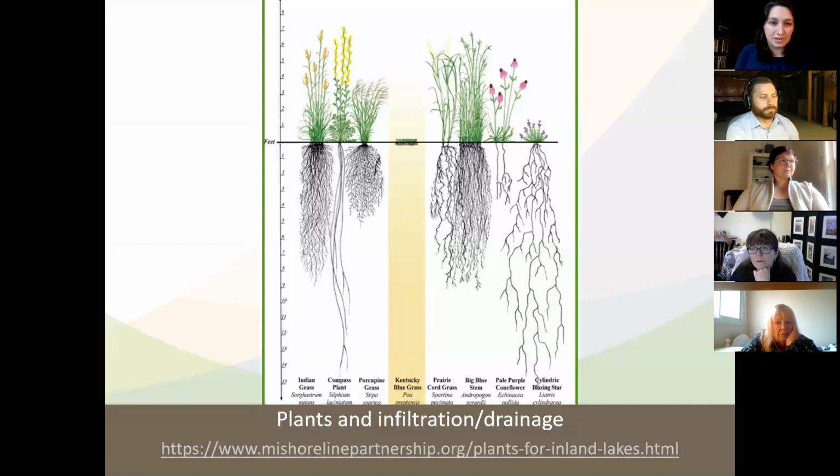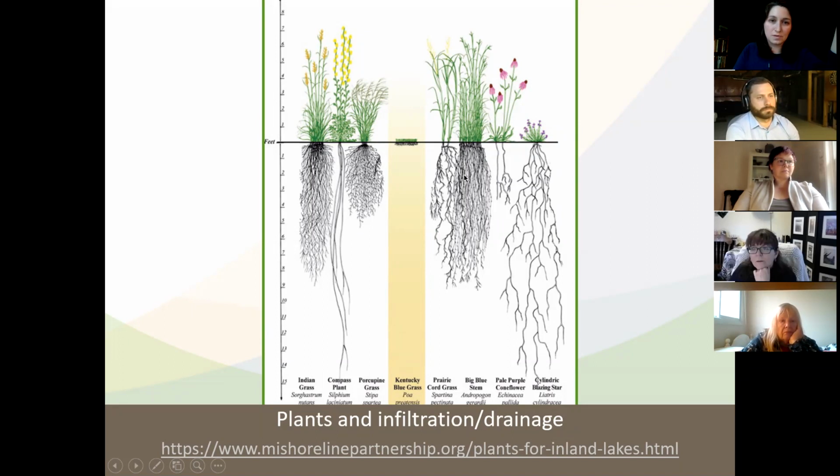And this illustration that you see here is showing various different species, many of them native, and just that their root systems are sometimes 10 feet long, 15 feet long, 20 feet long. And what happens is that when rain comes in, those roots help channel that water down, and then they also take some of it up, right, to feed those plants.